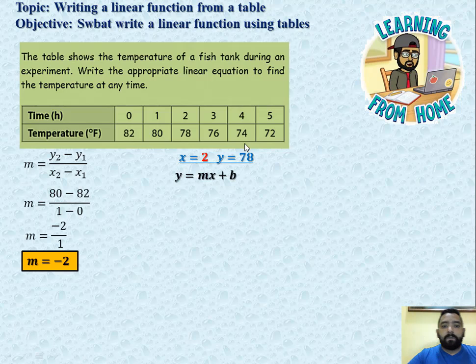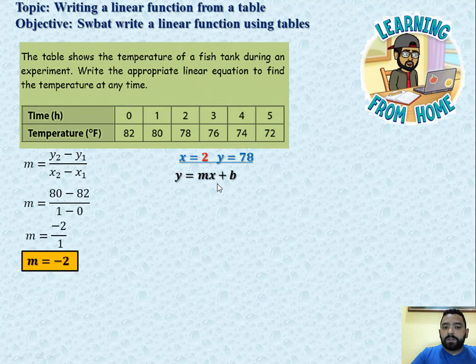Remember, it's important to take the specific coordinate. For example, if you take 1, you have to take 80 for y. Or if you take 4 for x, you take 74 for y. In this case, I'm going to choose the third one: x equals 2, y equals 78.